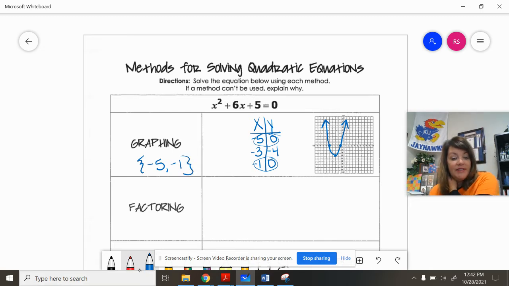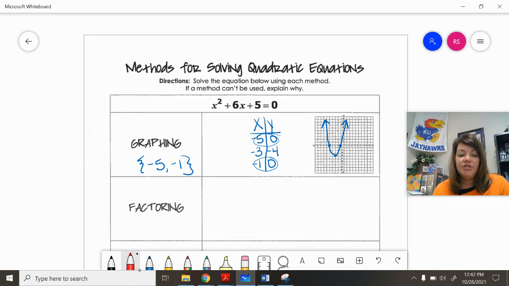Okay, we're going to solve this same one by factoring now. So let's do x squared plus 6x plus 5 equals 0. Remember, when we solved by factoring, we had a chart, and the top of the chart said set equal to 0. The second step said find the GCF.